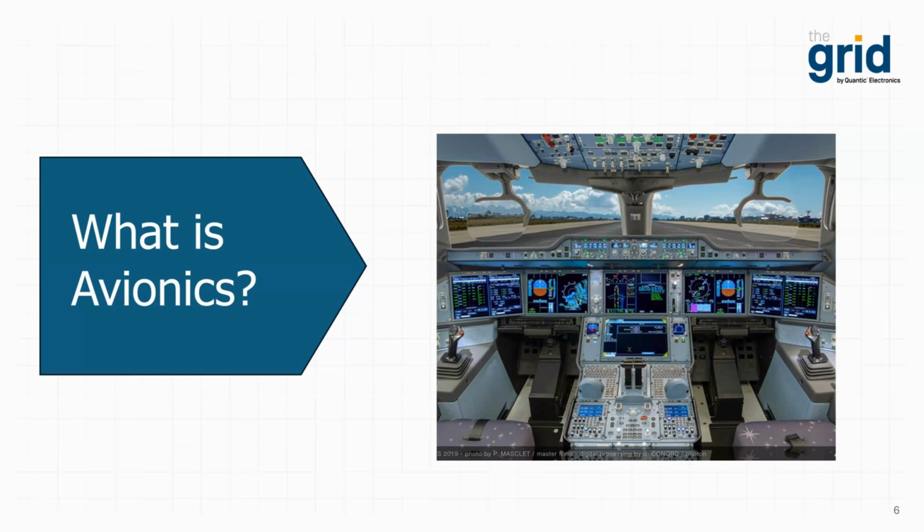Military aircraft typically contain even more of these avionics systems, such as radar, target designators, IFF, or identify friend or foe systems, and weapon systems that help increase the effectiveness of the warfighter while improving their safety. Drones and missiles also share many of the same requirements.